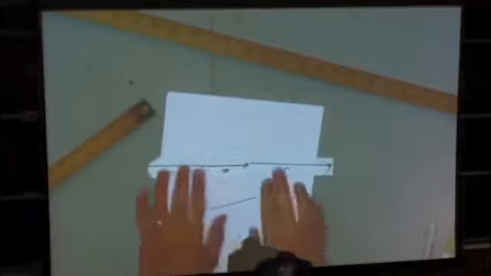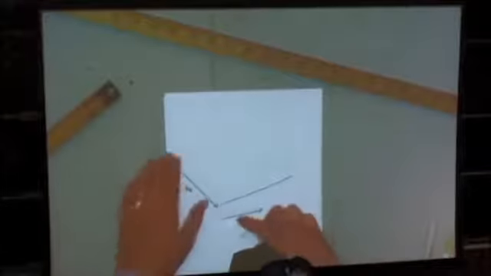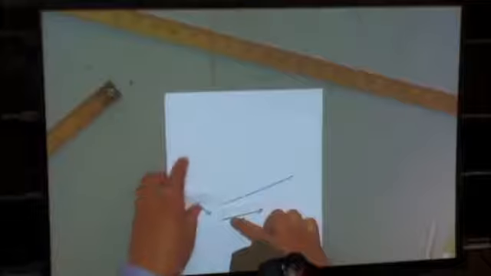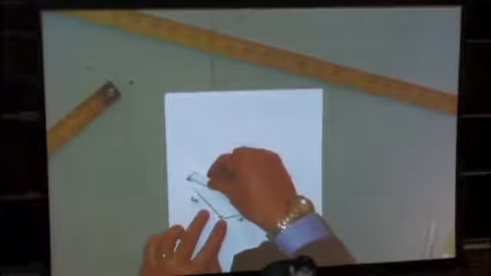You want to make a triangle. Something like this. And why do you think that gives you the minimum possible magnitude?